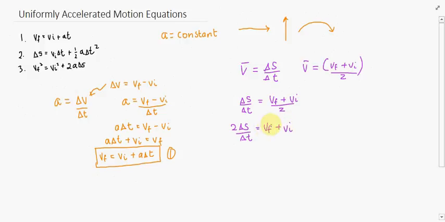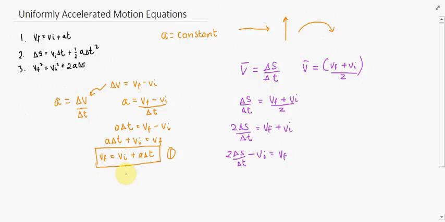Then I'll get final velocity on its own, so I'll subtract the initial velocity from both sides: 2 delta s over delta t minus the initial velocity is equal to the final velocity. Okay, so we're in a pretty good place so far.